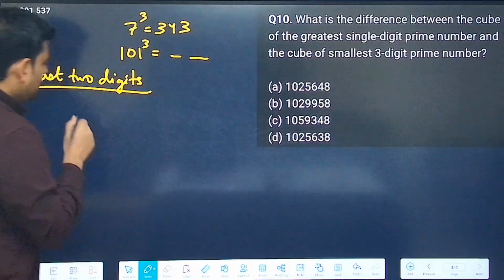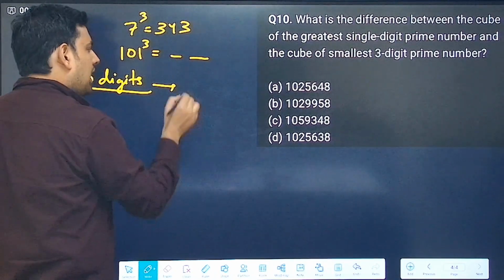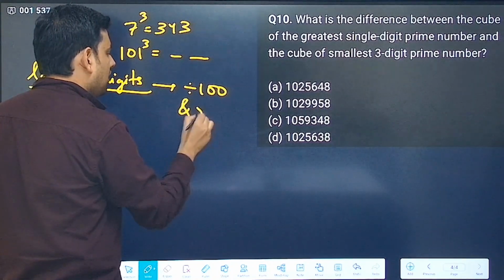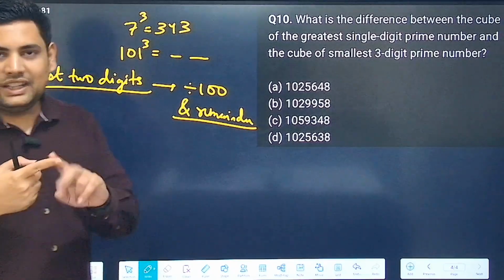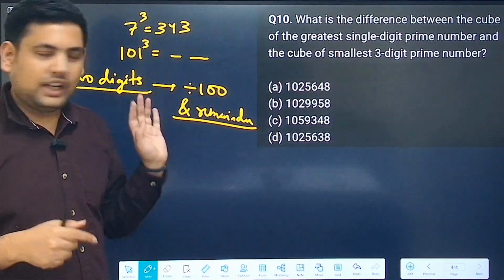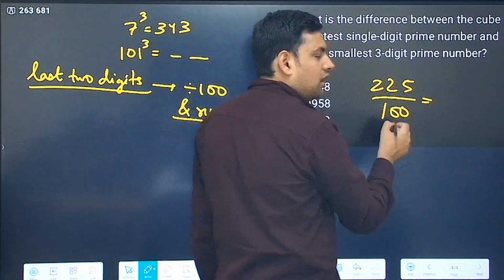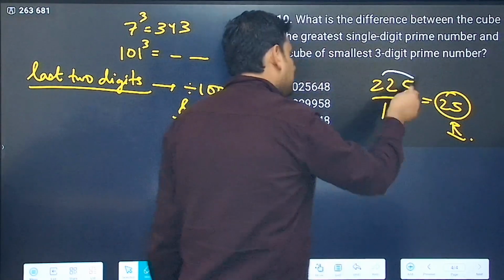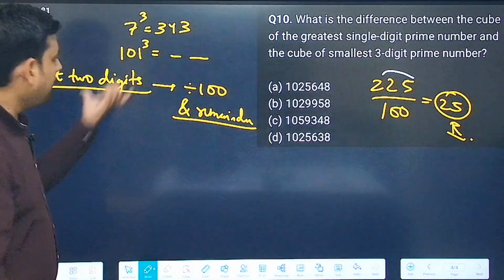If I want to find out the last two digits of 101 cube, I have to divide this number by 100, and whatever comes out as the remainder will give me the second last and last digit combined. For example, you take 225 by 100. What do you get as remainder? You get 25 as remainder. What are the last two digits? 25. Correct. So that is why I have to divide this by 100.